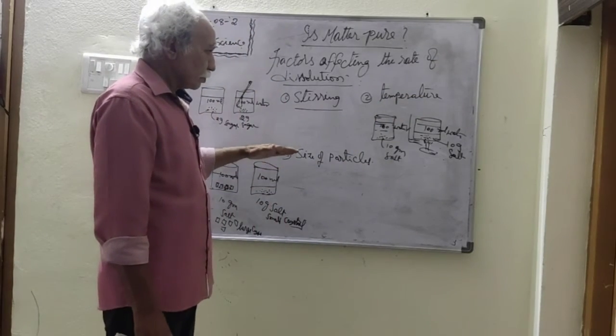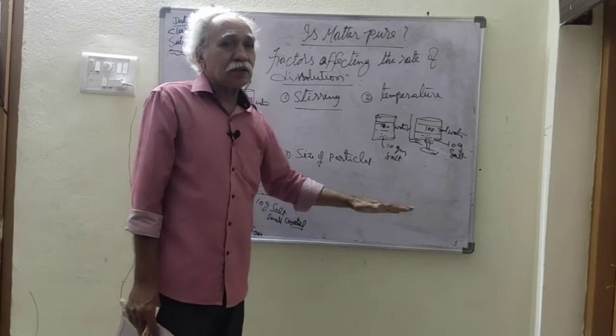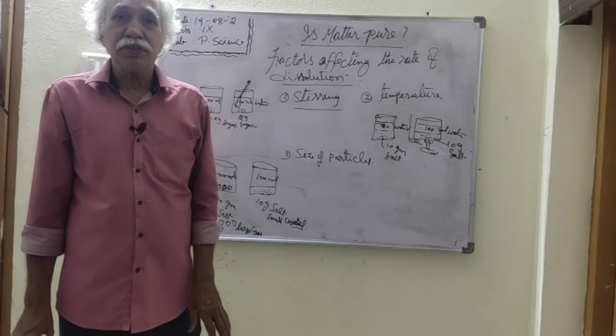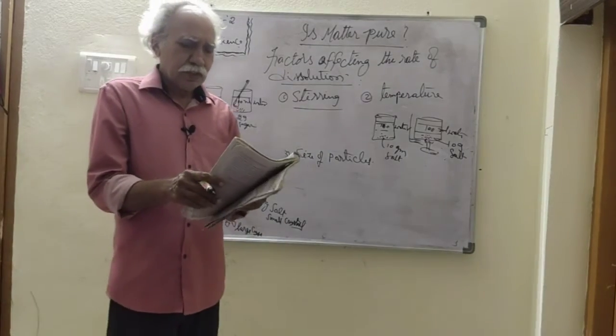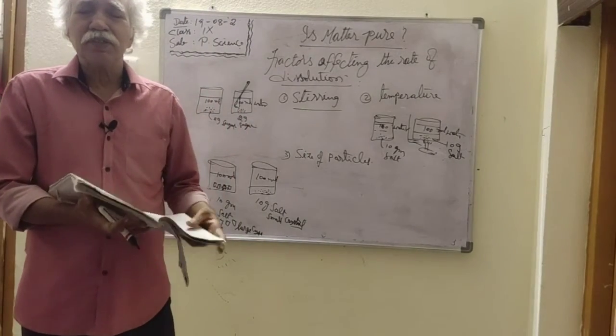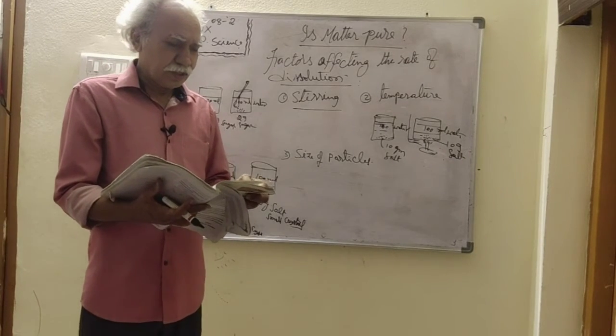Third, the rate of dissolution increases on decreasing the size of particles. So smaller size particles dissolve more easily than large size particles. That is the answer you can write.